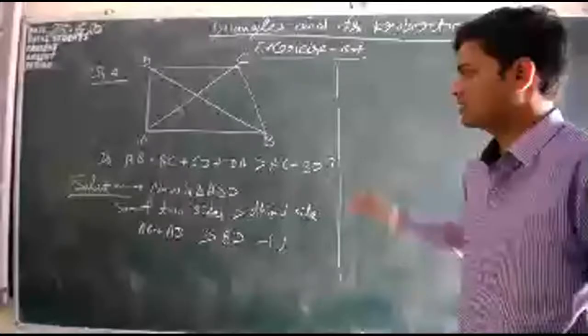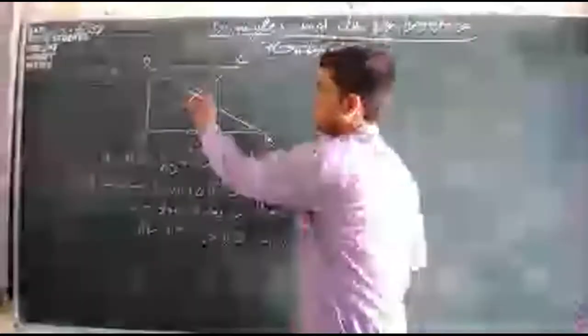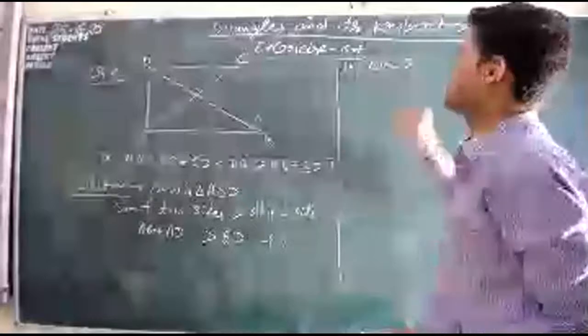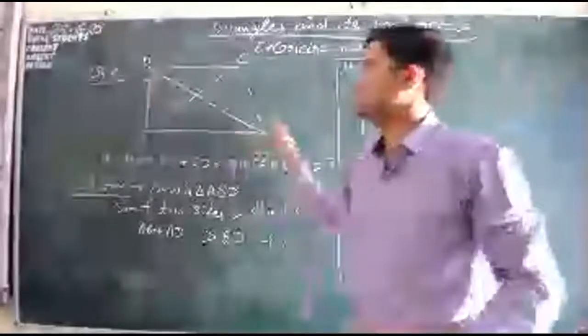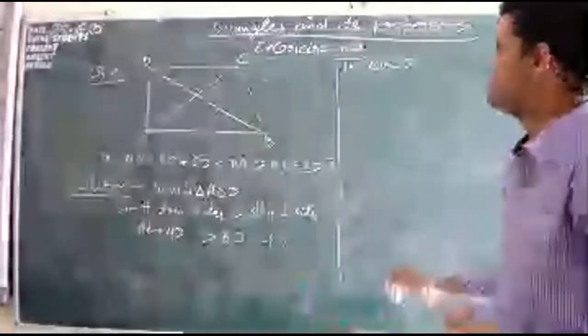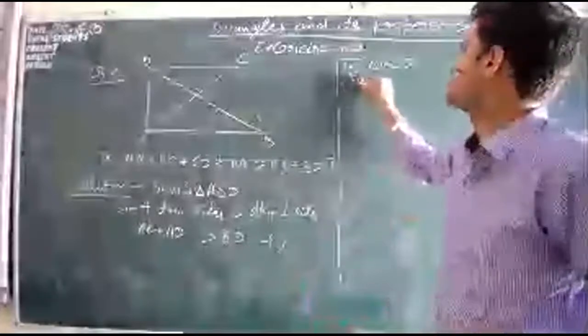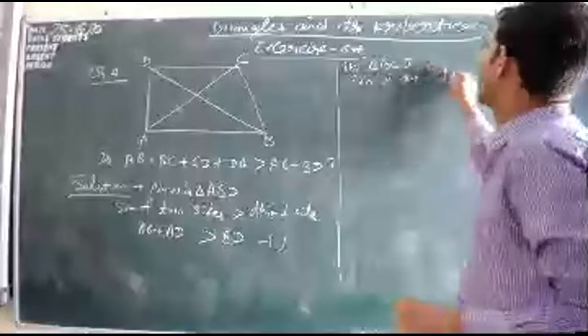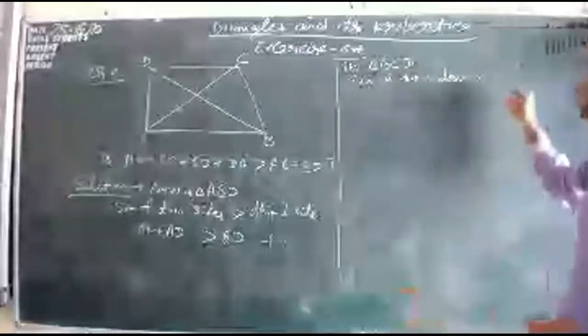Next inequality is in the next triangle, that is BCD. In triangle BCD, the sum of two sides is greater than the third side.